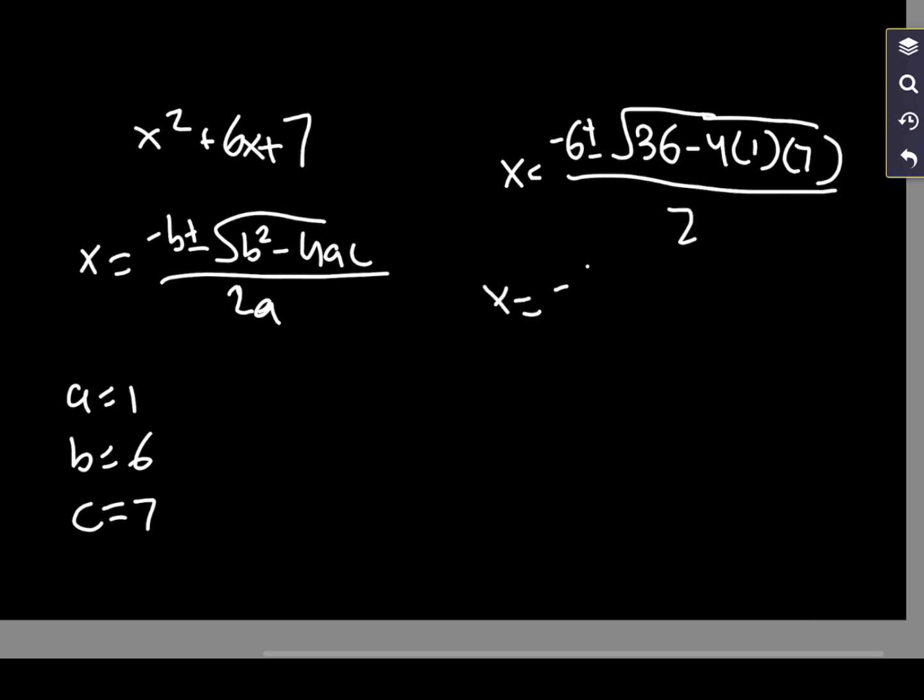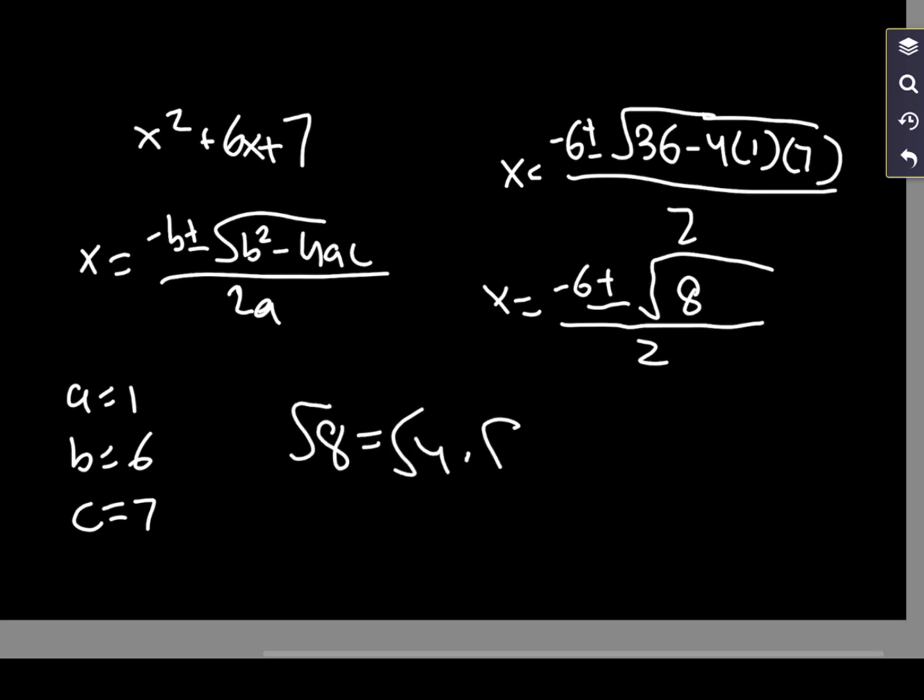x equals negative 6 plus or minus the square root of 36 minus 4 times 1 times 7. 4 times 7, that's going to be 28. So 36 minus 28, that's just going to be 8. You can simplify 8, and it's radical 8. We know that radical 8 equals radical 4 times radical 2.